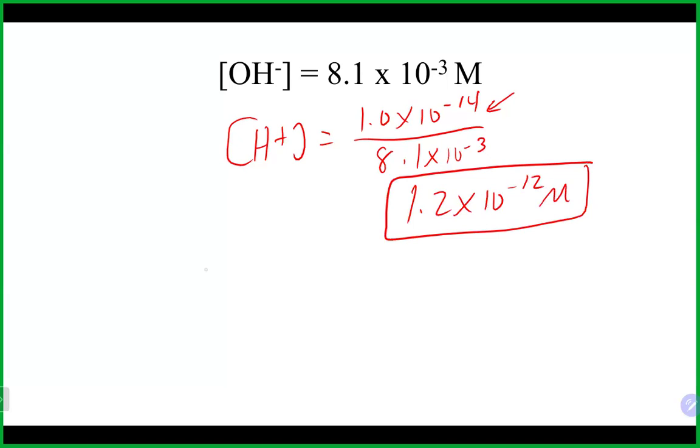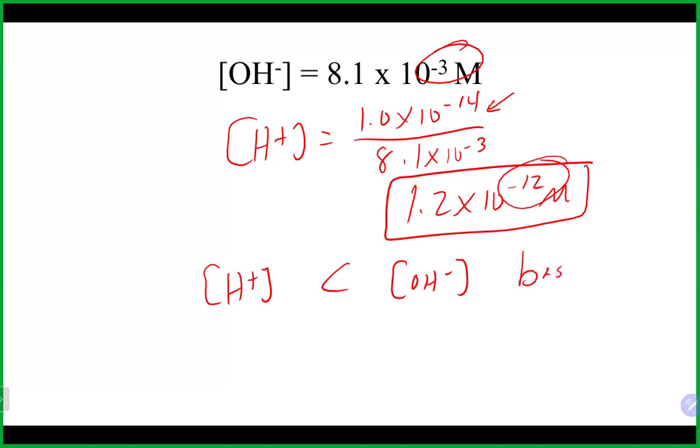In this case, again, comparing our H plus to our OH minus, we can look at our exponent parts, and it's actually the OH minus that looks larger, and that would mean this one would be basic. Any questions on any of those calculations there? I would say most people screw up by punching it into their calculator wrong. So again, make sure you know how to properly punch it into your calculator.